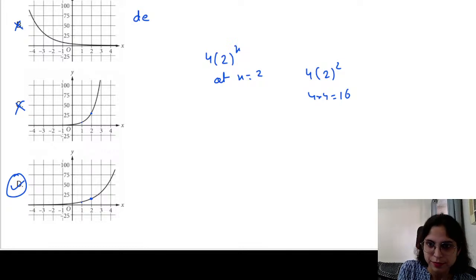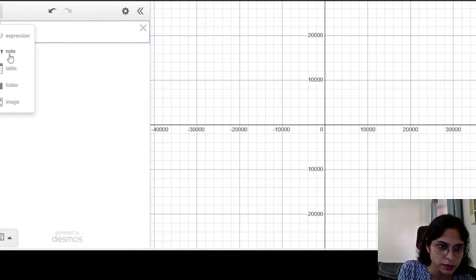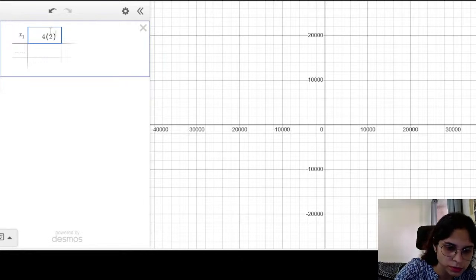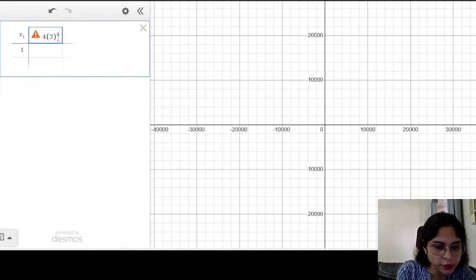Got it? Otherwise what you can do, you can go to Desmos, you can make a table, because you have 4 times 2 to the power x, and you can find the value at 1. Yeah, you have to write x1, not x.